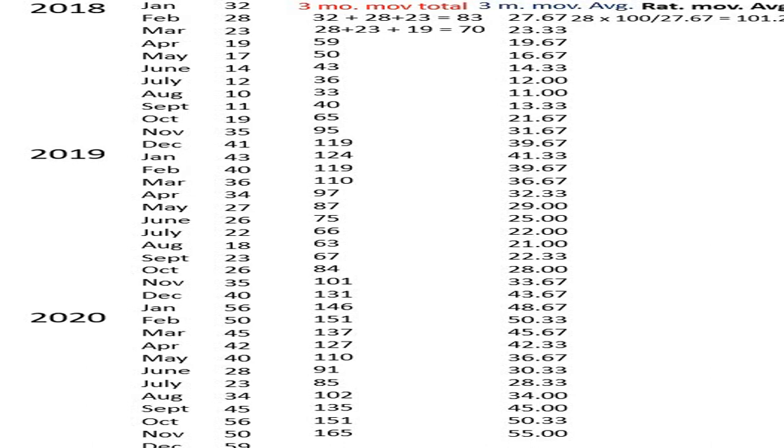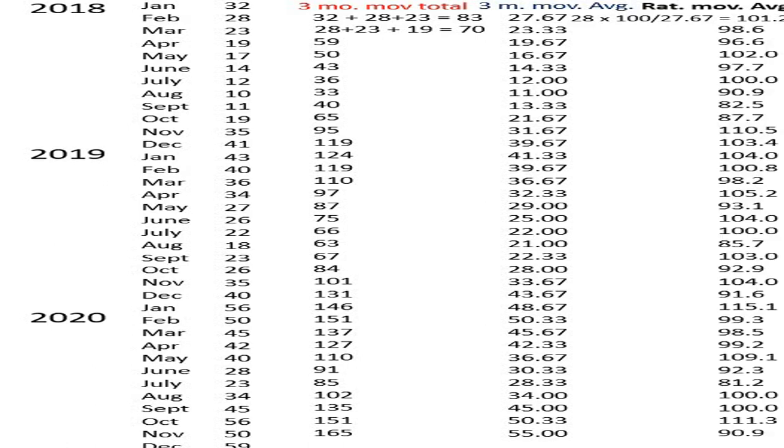So we have 101.2. In a similar fashion we proceed. The next value will be the time series value of March 2018, that is 23, divided by 23.33, the whole thing multiplied by 100, so that is 98.6.